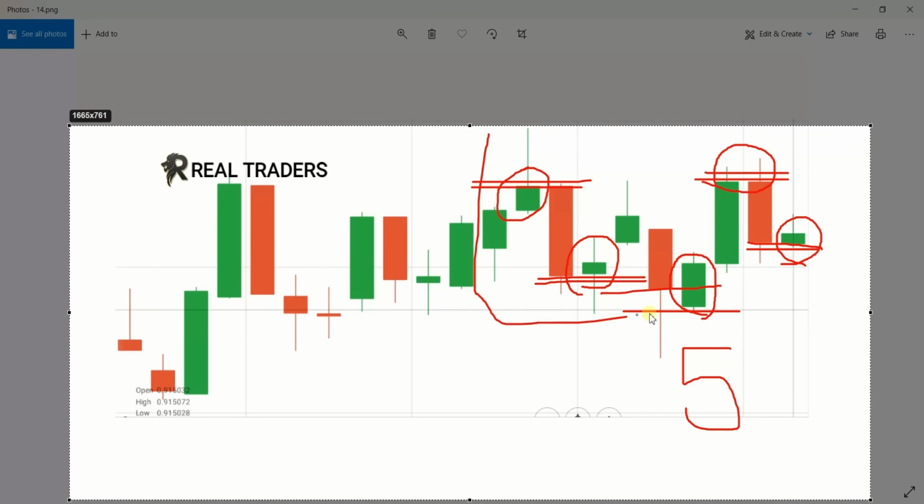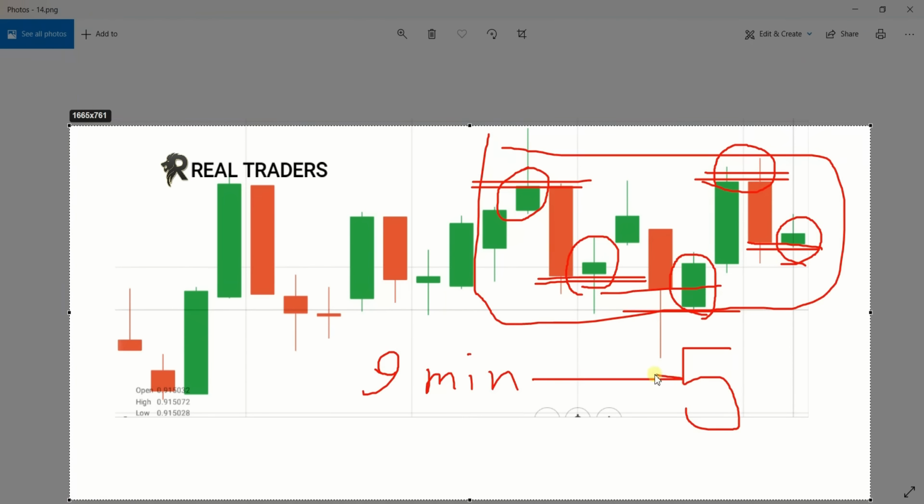If you start the trading here, okay, 1 2 3 4 5 6 7 8 9, you can see in 9 minutes you can take 5 right trades, and you can reach your daily target in only 9 minutes.